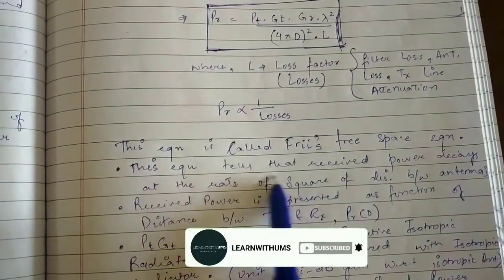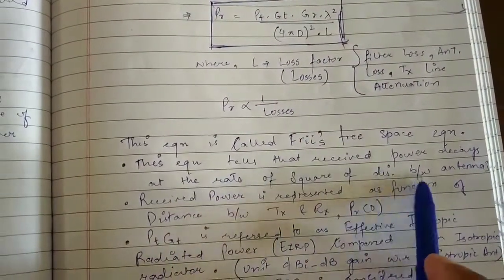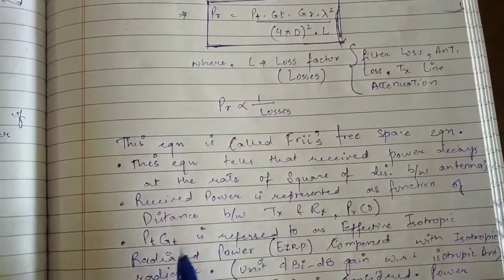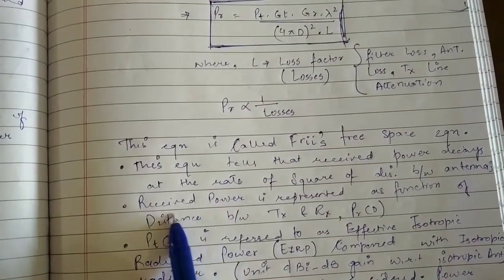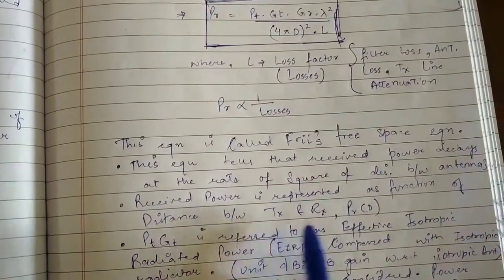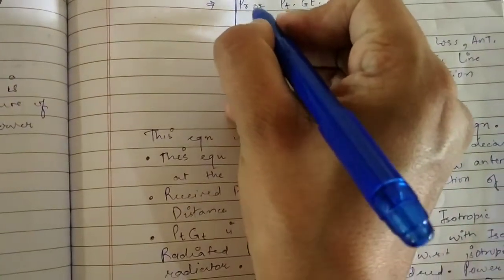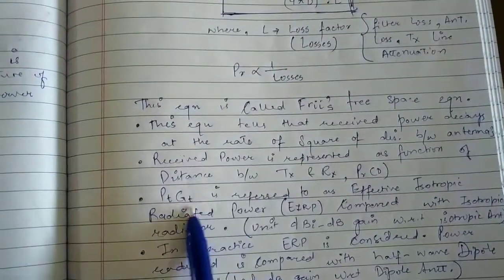This equation tells us that the received power decays at the rate of the square of the distance between the antennas. Received power is represented as a function of the distance between transmitter and receiver. Usually it is written as PR of d.